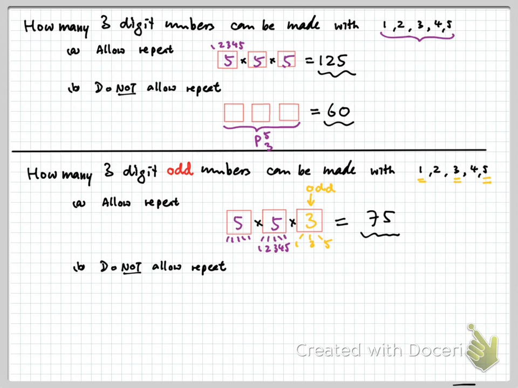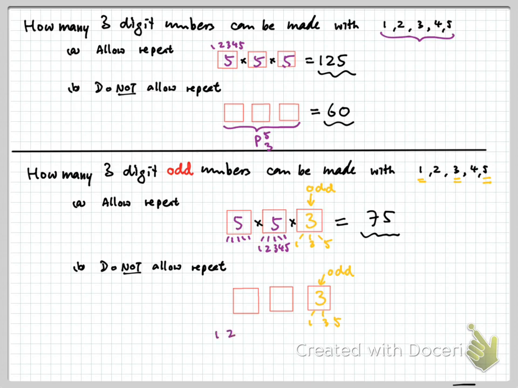Now, if you do not allow repeat, what do we see? Once again, we consider the digit on the right-hand side first. It must be an odd digit, so it must be chosen from 1, 3, 5. So there are 3 choices in the right-hand side box. Now for the other 2 boxes, we are down to 4 digits.